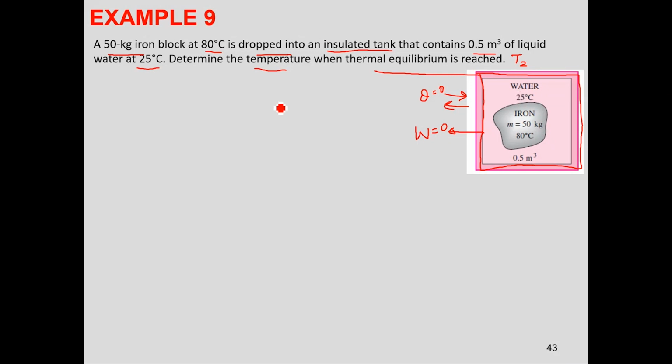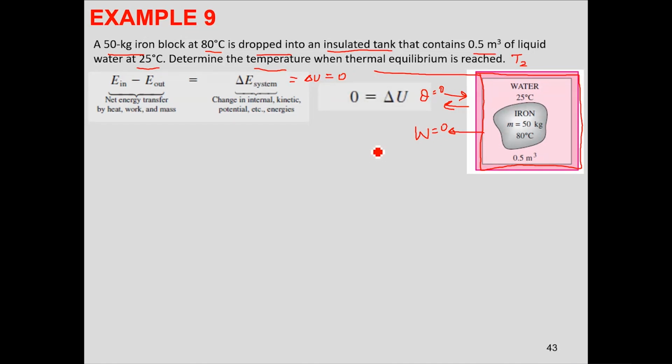I have the energy balance equation which says E in minus E out equals the change in energy of the system. If my system is a closed stationary system, I can represent it as delta U. Since no energy is flowing in and no energy is flowing out, I can say that delta U for my system is essentially equal to zero.